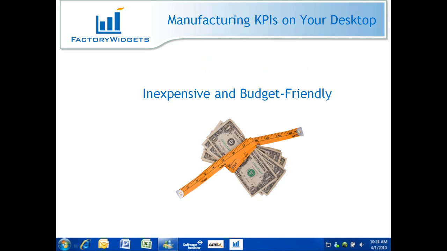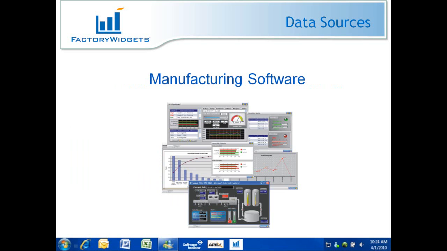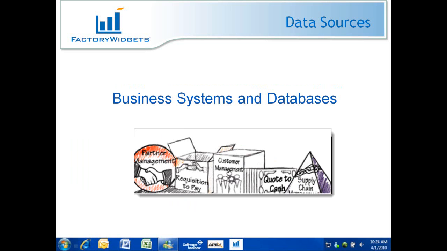FactoryWidgets can display manufacturing KPI information from a variety of data sources in your organizations, such as production and automation systems. From manufacturing software, such as HMI, SCADA, EMI, and plant historians. From your manufacturing business systems, production systems, and databases.